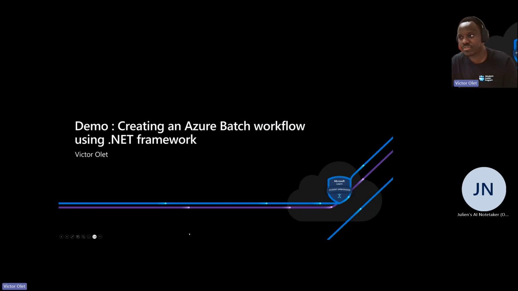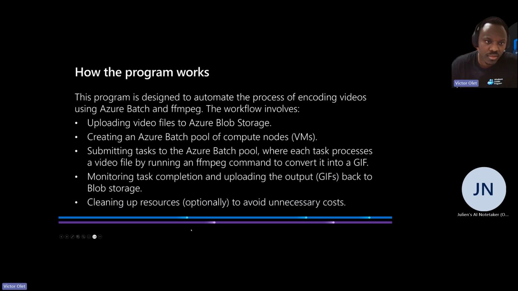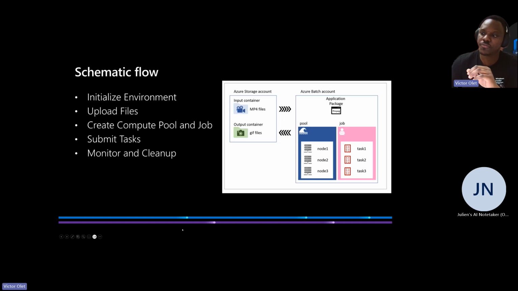We're going to create this Azure Batch workflow using .NET. I've touched a bit on how the program works. I'll just show a schematic of how it looks. Here's a schematic workflow. You can see our input container would contain MP4 files. These will be used by the application package, which is sitting on the Azure Batch account.